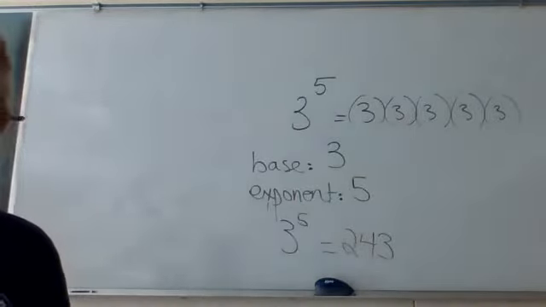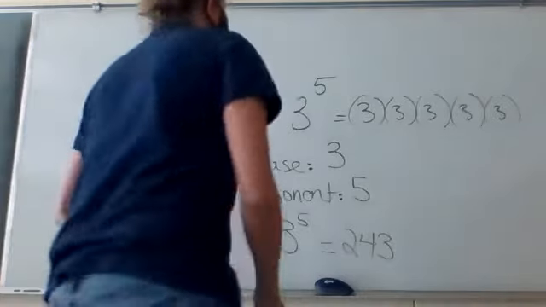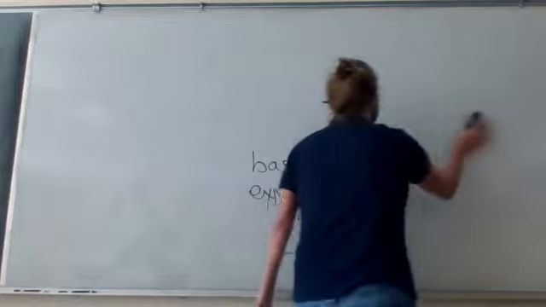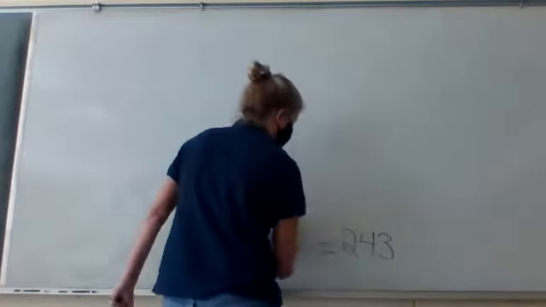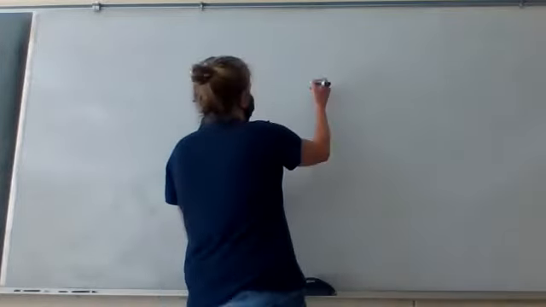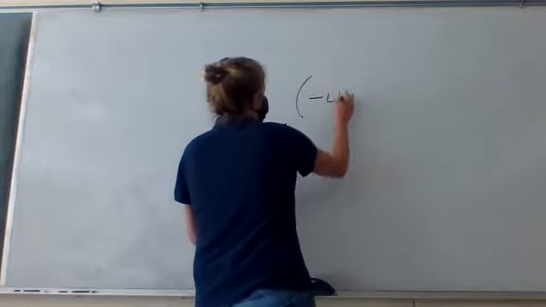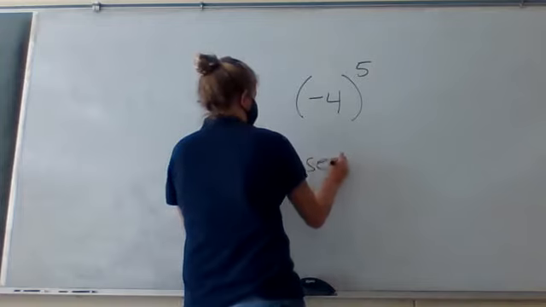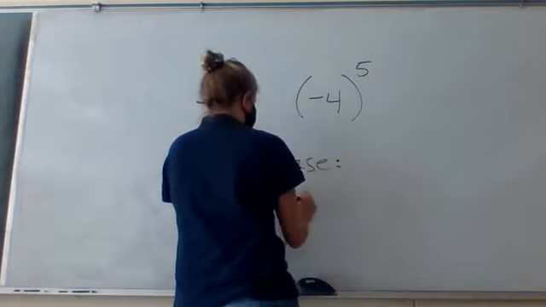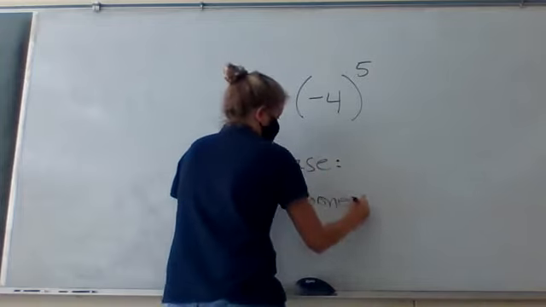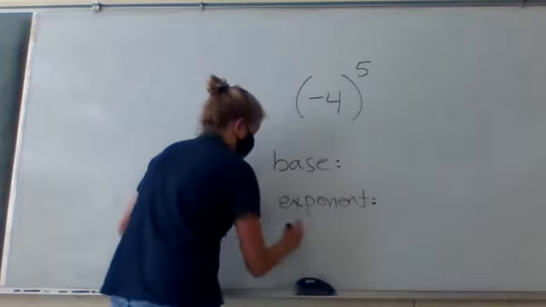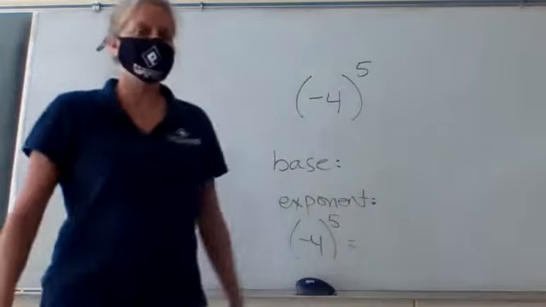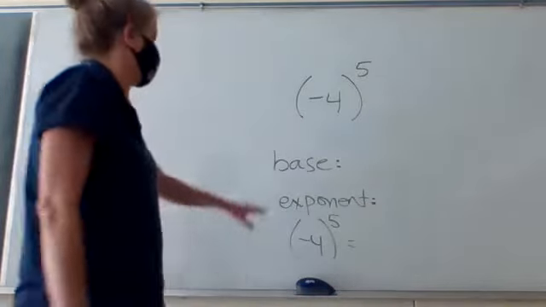Number 2, negative 4 to the 5th power. And it has the negative 4 in parentheses for a good reason. Base, exponent, and then what is negative 4 to the 5th power? So which one of these numbers is your base?